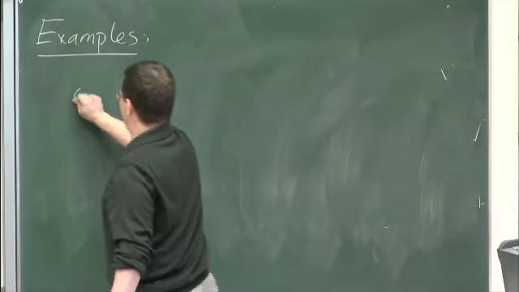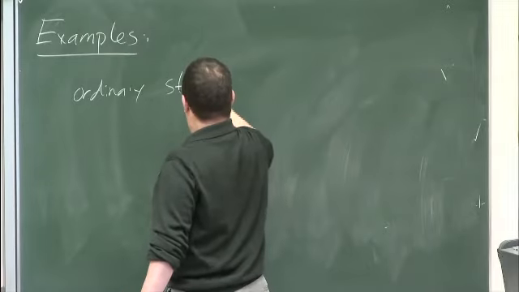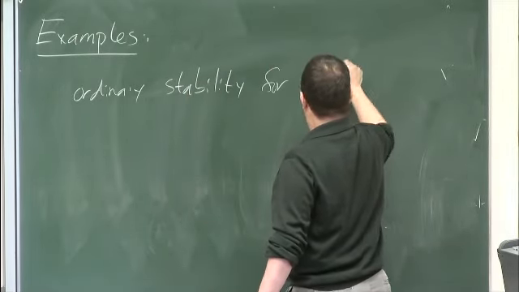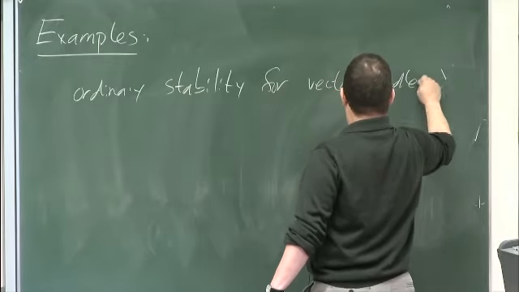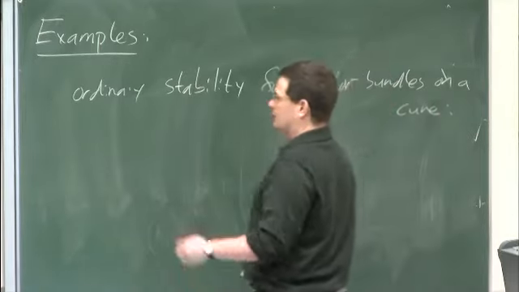The first is ordinary stability for vector bundles, or even coherent sheaves, but vector bundles on a curve. So how does that work?